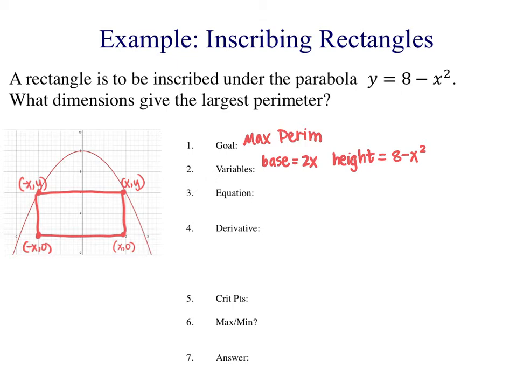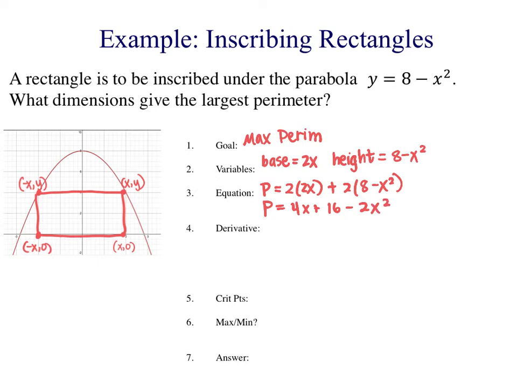Now this time the equation we're going to come up with is a perimeter equation, and so the perimeter is 2 base plus 2 height. That's the perimeter for a rectangle. So this would be 2 times 2x and 2 times 8 minus x squared. So overall our perimeter comes out to be 4x plus 16 minus 2x squared.